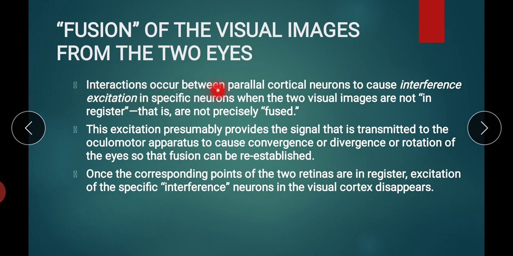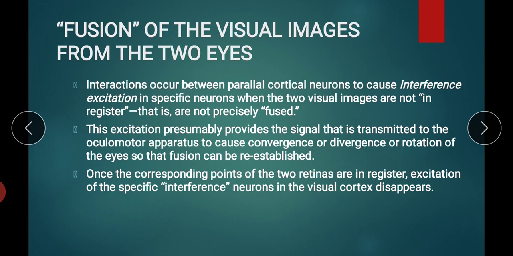The interaction between parallel cortical neurons causes interference excitation in specific neurons when the two visual images are not in register, that is, not precisely fused. Suppose the visual images are not falling on the corresponding points on the retina.